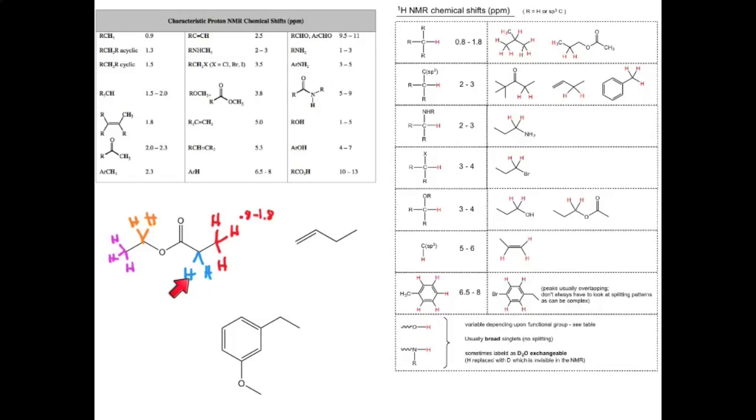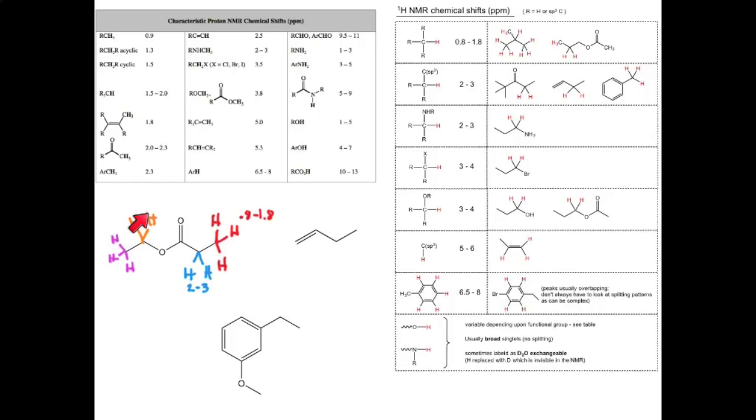Next, let's look at the hydrogens in blue. H connected to sp3 carbon. To the right is an sp3 carbon, but to the left is an sp2 carbon. So where does that show up here? H to sp3 to sp2. So our signals in blue, these hydrogens would come somewhere in the 2 to 3 ppm range.